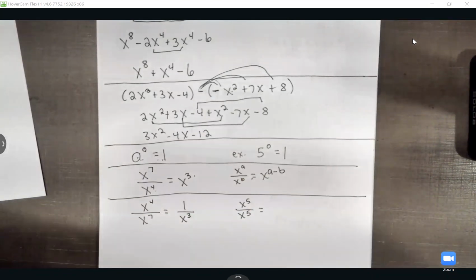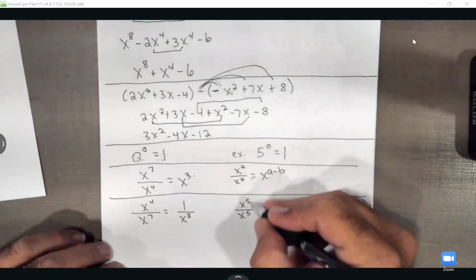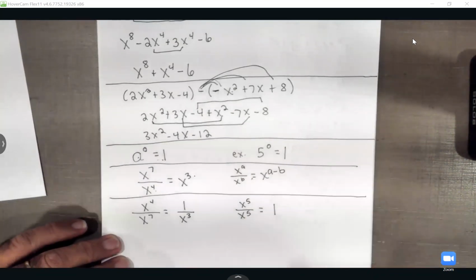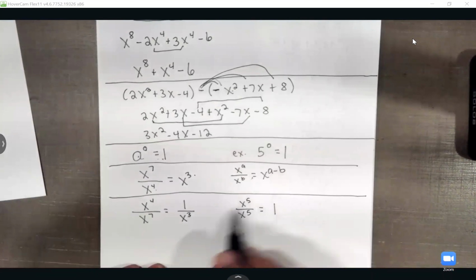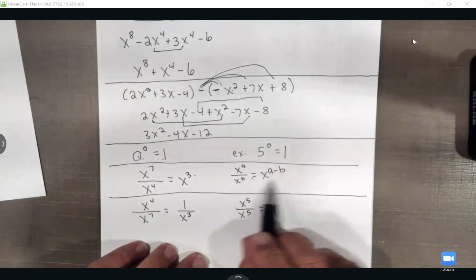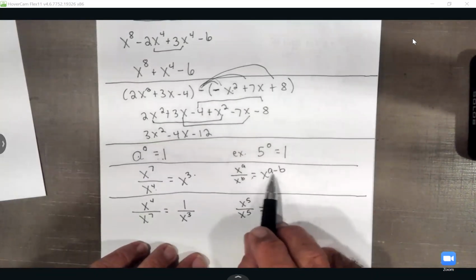So x to the 5th power divided by x to the 5th power, what will that equal? 1, right? Anything divided by itself is a 1. But what if I use this quotient rule? We call this the quotient rule for exponents because you're dividing.